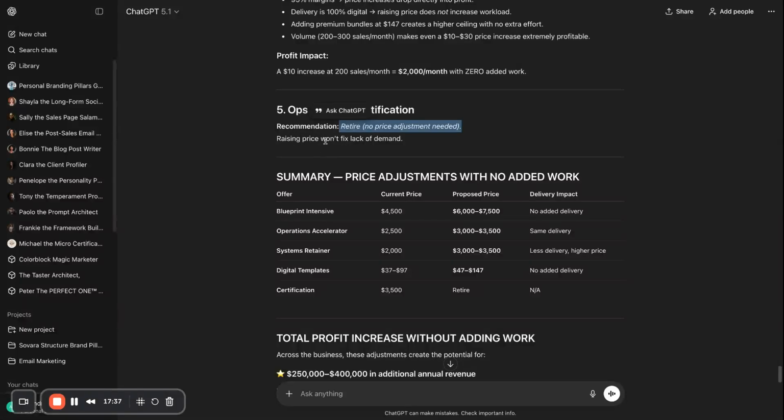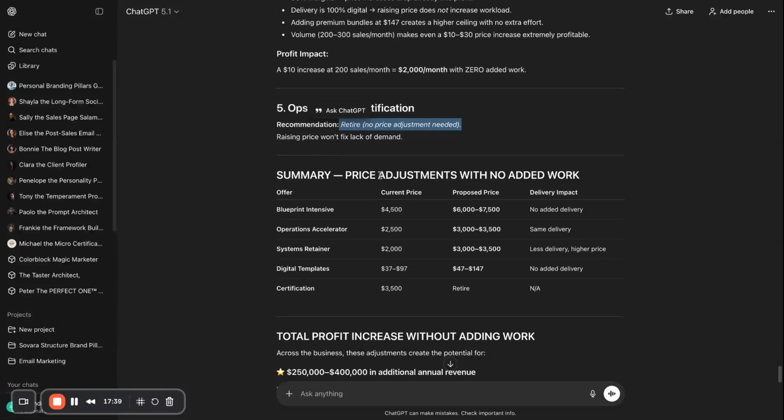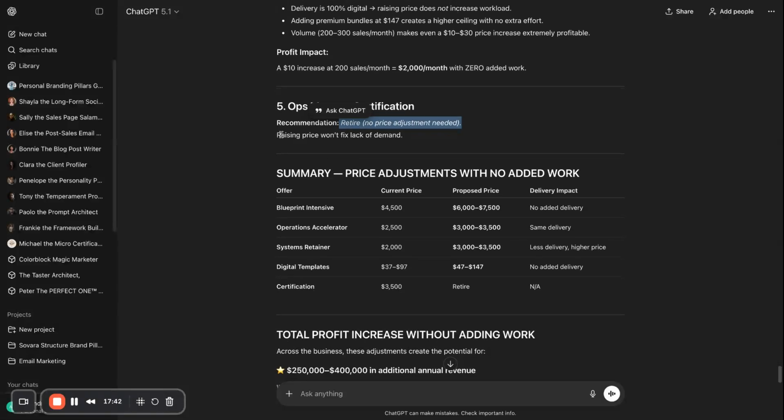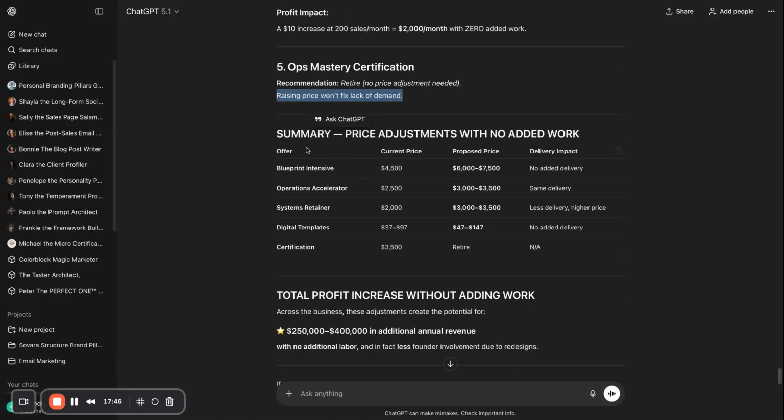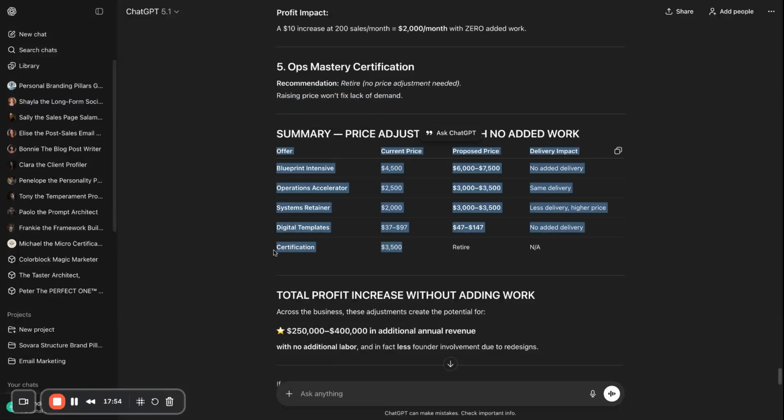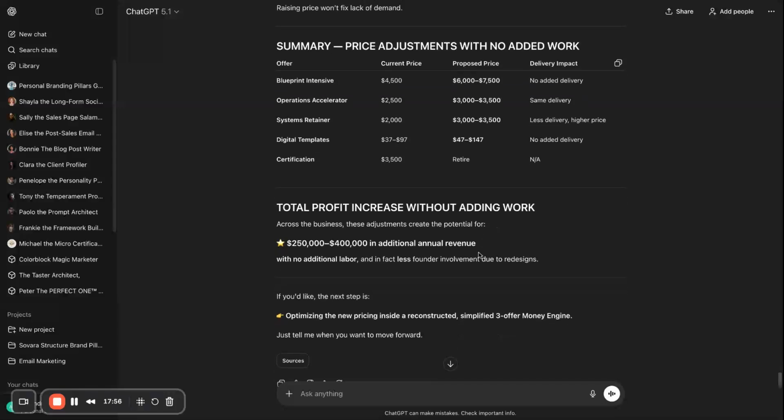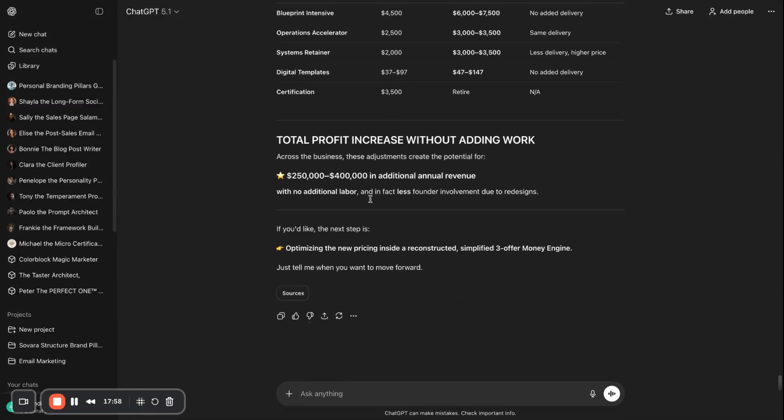It's like, get rid of it. We don't want it. Okay. It's basically telling you here, raising the price will not fix the lack of demand. And so it put it here in a nice little table. And it's breaking down the delivery impact, the proposed price. And again, the certification here, it's like, get rid of it. I don't like it. I don't want it.